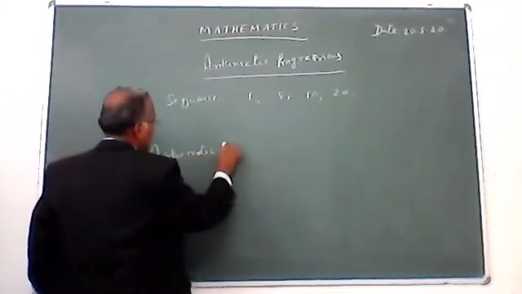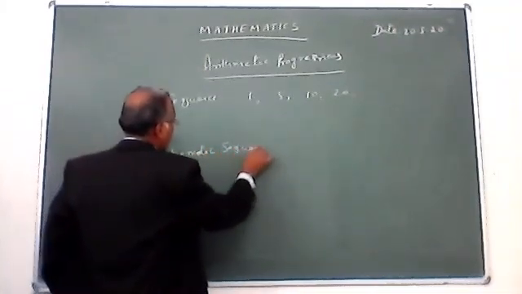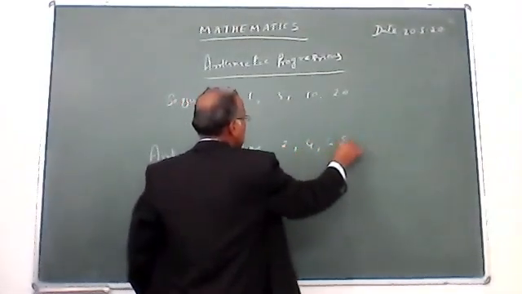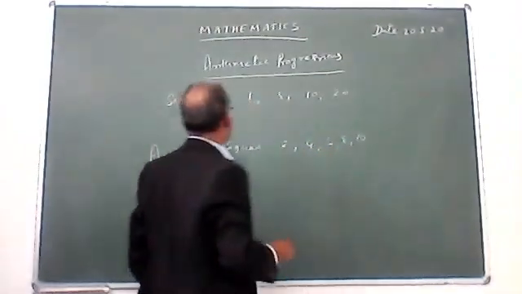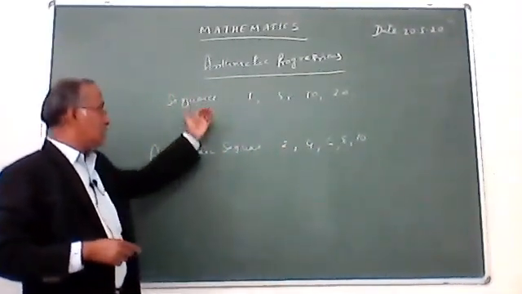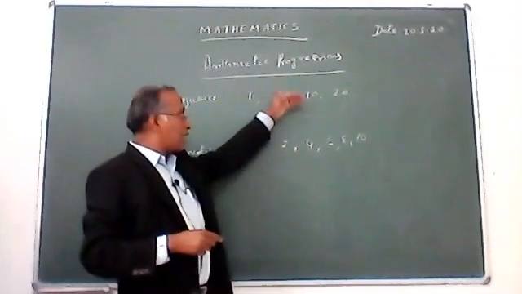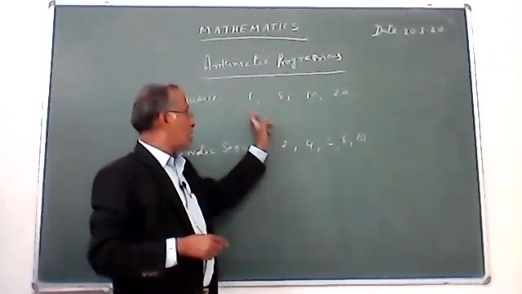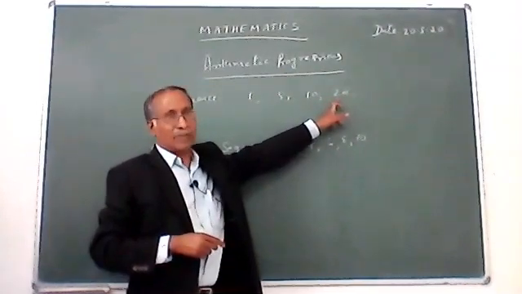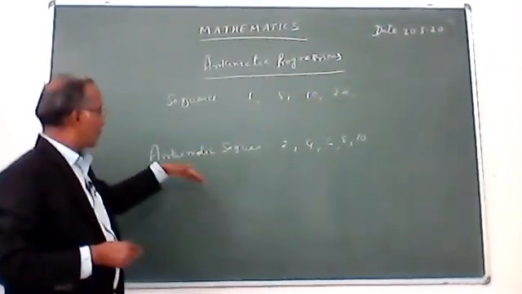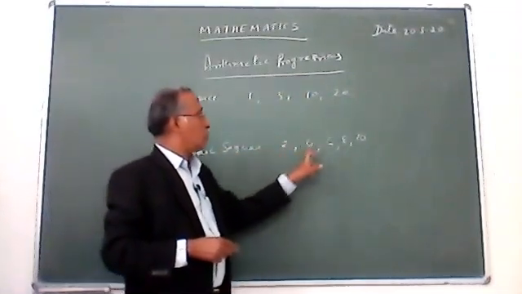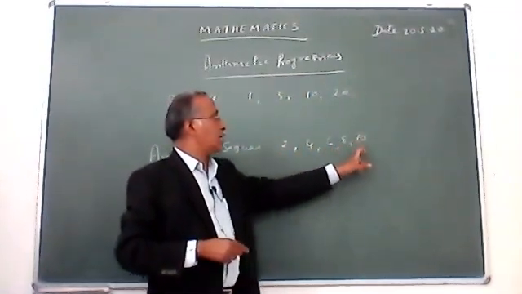Arithmetic sequence: 2, 4, 6, 8, 10 and so on. I have given the example of a sequence. See, numbers are arranged according to some rule. 1, 5, 10, 20. It is a sequence. In the second example, for an arithmetic sequence, I have the example 2, 4, 6, 8, 10.